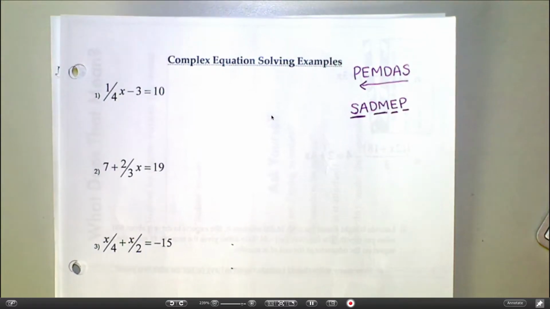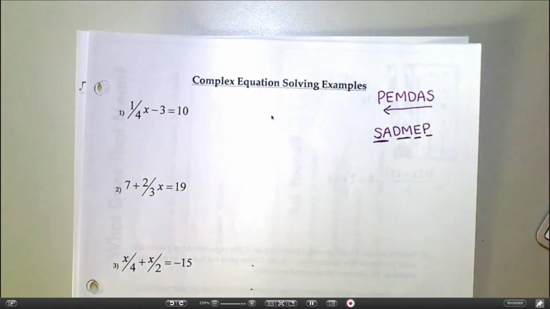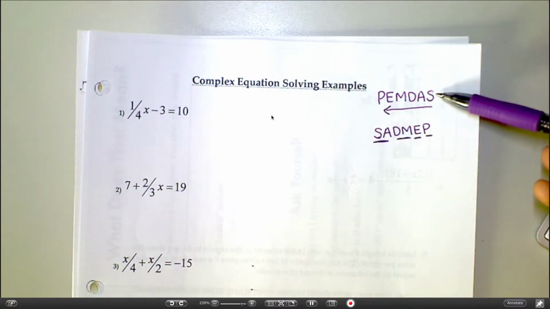So let's look at number 1. 1/4 x minus 3. Question, Olivia? Yeah. Go ahead. So we're just throwing everything we know about PEMDAS away because we have to do it backwards? No, you're not throwing it totally away. If I gave you a math problem to do, like if I said I wanted you to do 2 plus 3 times 5, and I wanted you to get the answer to that, that's where PEMDAS is going to apply.